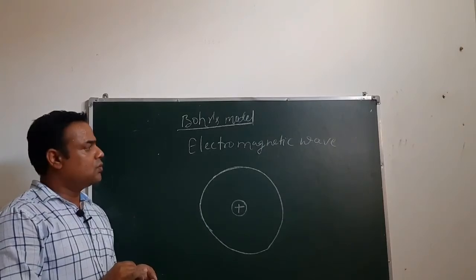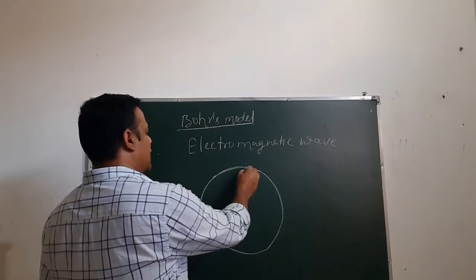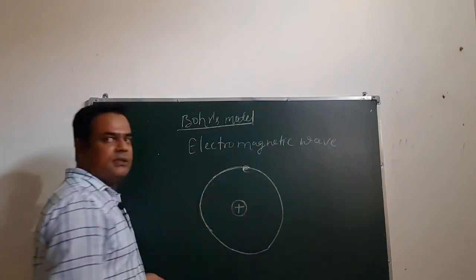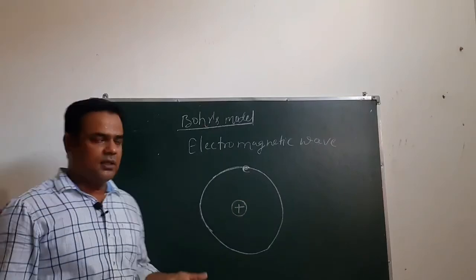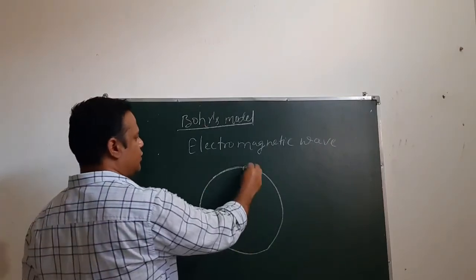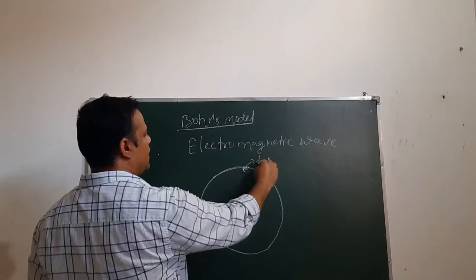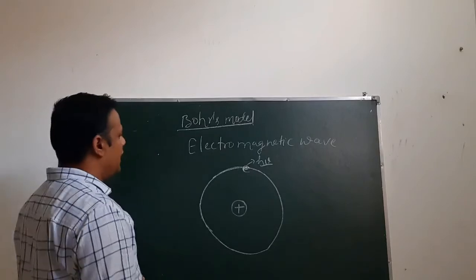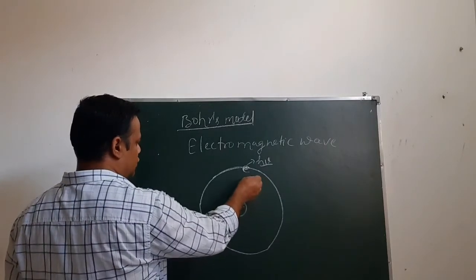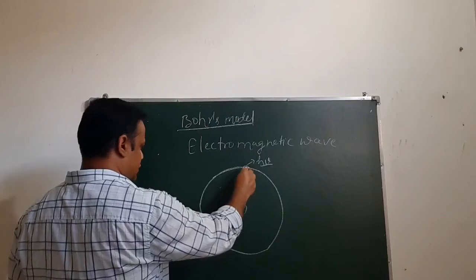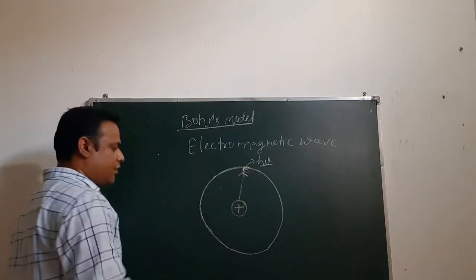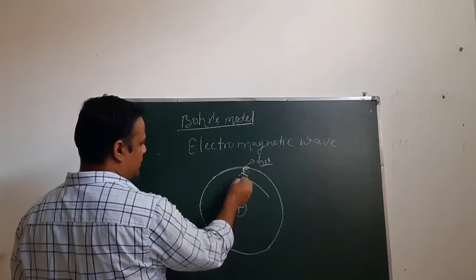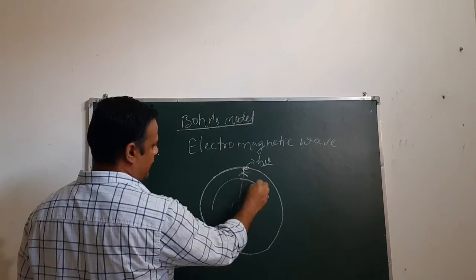Then according to the Rutherford model, the electron revolves around the nucleus and the electron is negatively charged. So when it revolves around the nucleus, it should emit radiation in the form of h mu, and if it is emitting radiation, its energy starts to decrease, and the radius of the circular path on which it is revolving should also decrease.